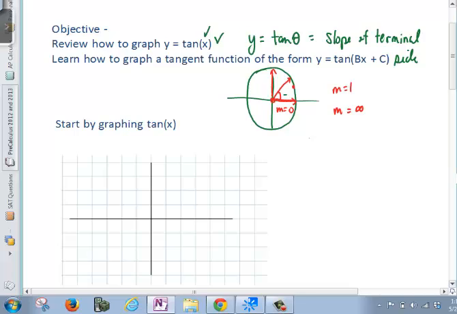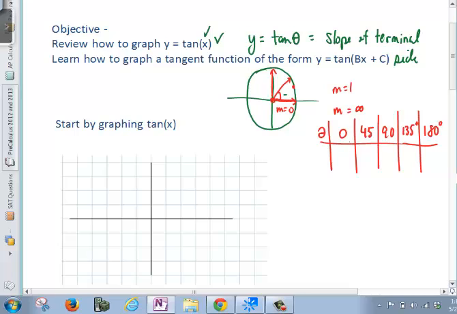So some values that we need to know is that when theta is equal to 0, 45, 90, and then we get past that and we go to 135 degrees in quadrant 2 or 180 degrees, the tangent ratio basically is 0.